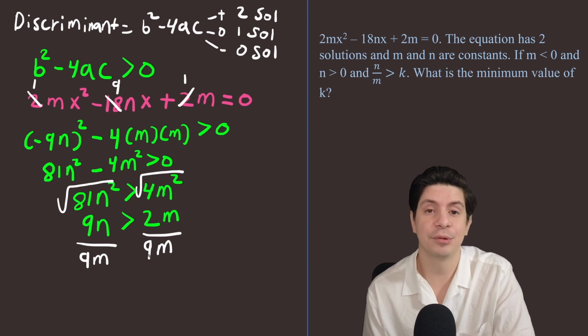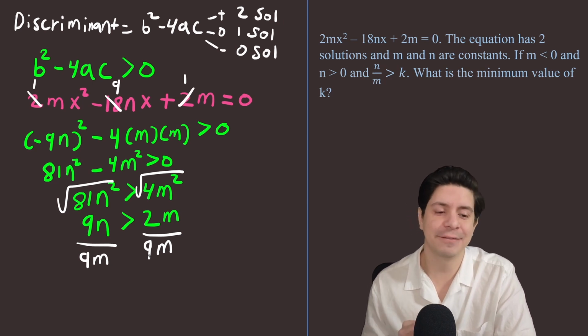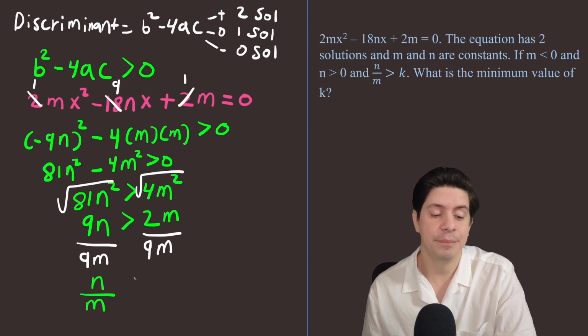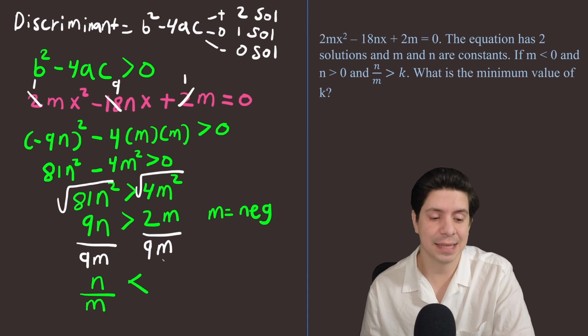Okay, now what's going to be weird here, this is the part that throws off 95% of students, so if you don't get it, that's okay, is I'm going to flip the greater than sign to be less than, because the m is a negative number. When you divide everything by a negative, you're going to make a flip there. That's just one of the rules. So we have n over m, right, because m is negative, is going to be less than 2 over 9.